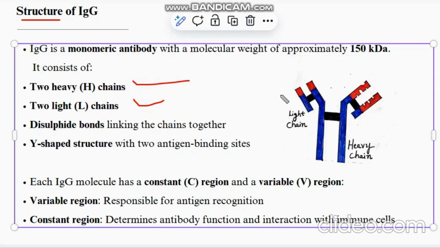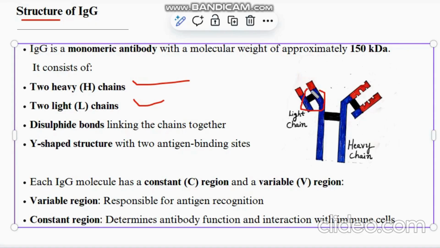These are the light chains, and these lengthy chains are called heavy chains. Here we can see they are linked to each other by disulfide bonds.